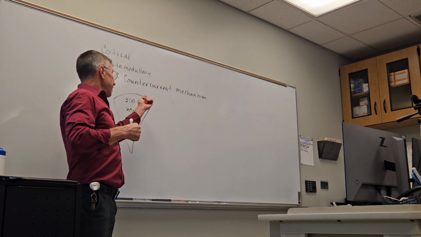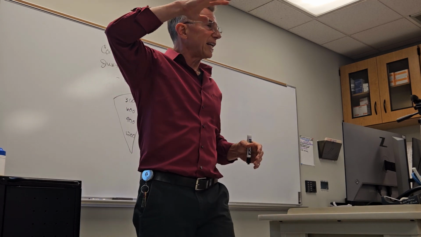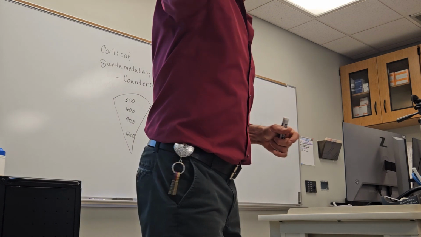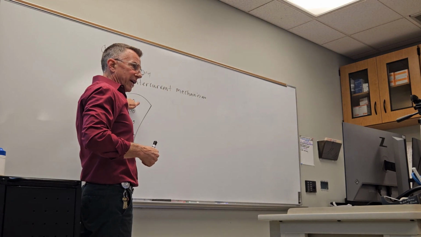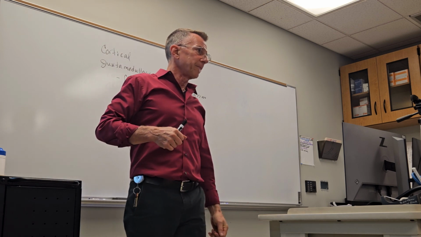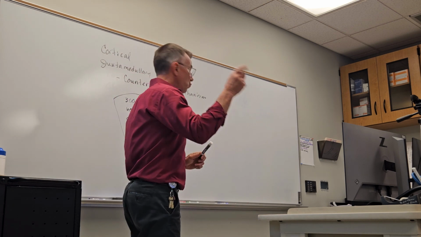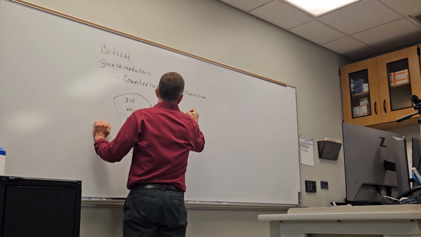Because if you remember, in a juxtamedullary nephron, by the time that filtrate gets to the distal tubules, what is the osmolarity of the filtrate in the distal tubules of the juxtamedullary nephron? It's 100 milliosmolar.